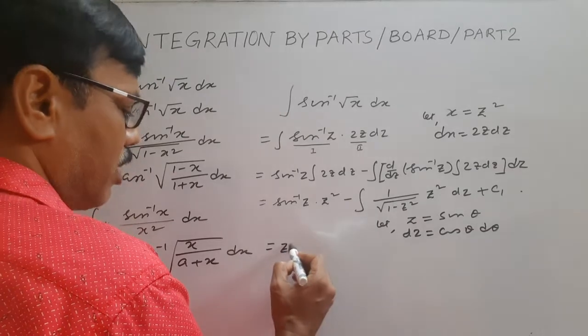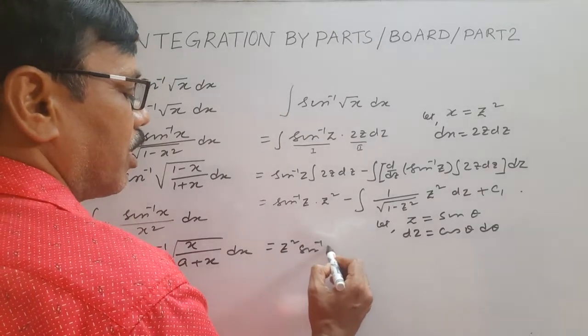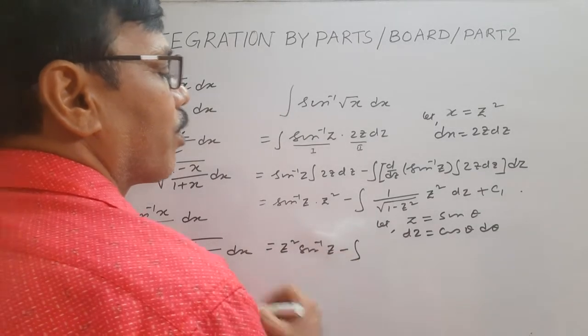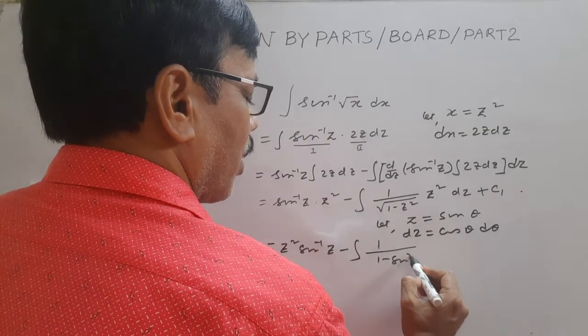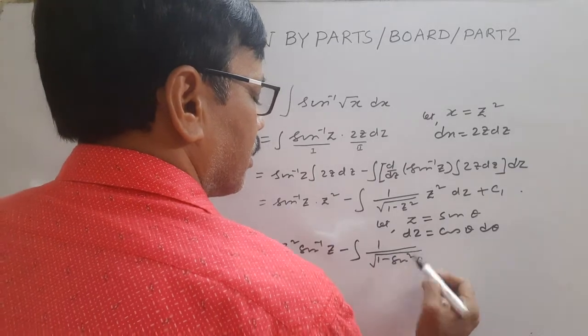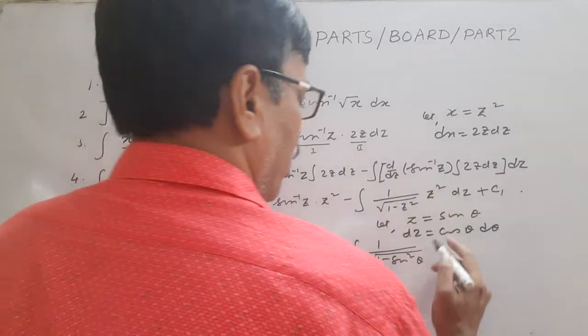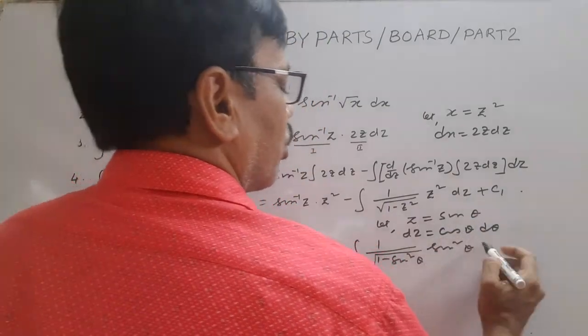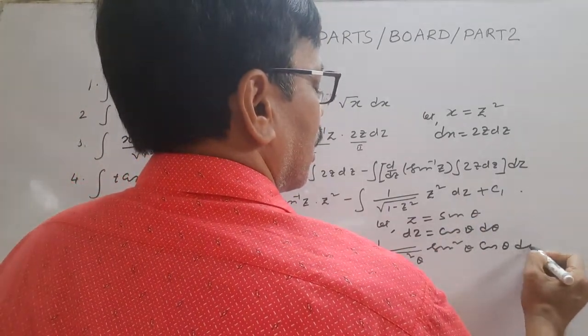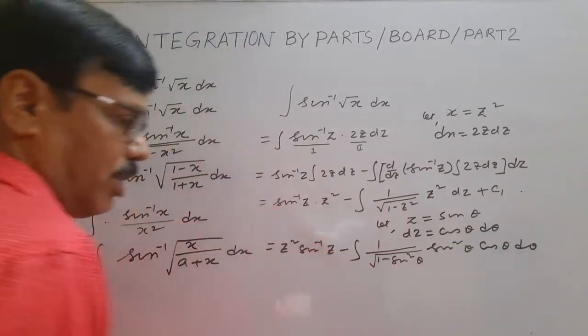So z square sin inverse z minus integral of z square, that is sin square theta, and cos theta d theta over root of 1 minus sin square theta. Dz is cos theta d theta.